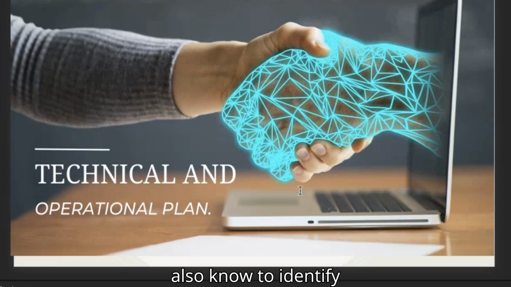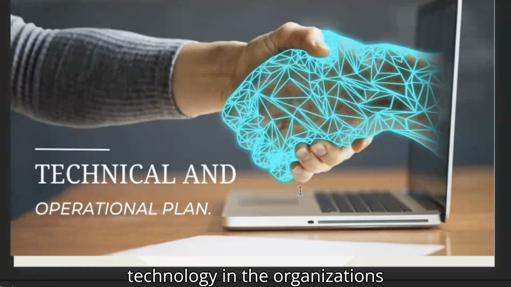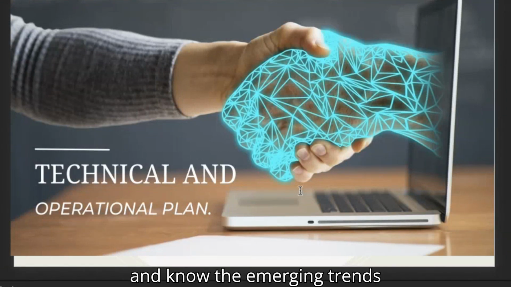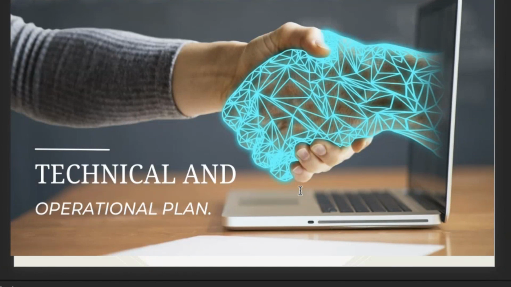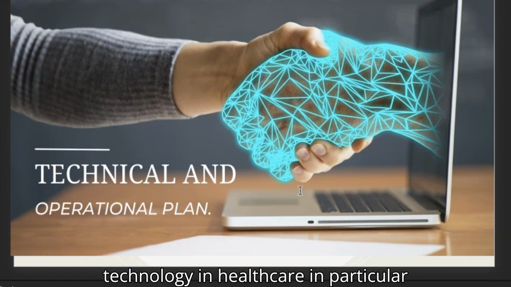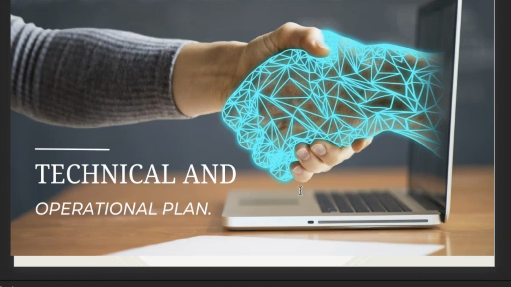We will also know how to identify the problems in implementing the technology in organizations and know the emerging trends in technology in general and specifically the technology in healthcare in particular.